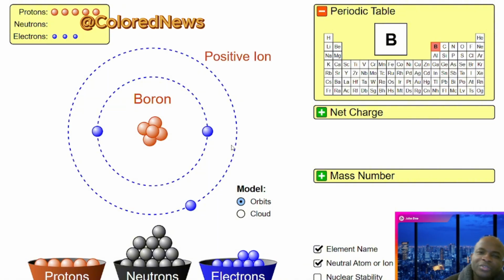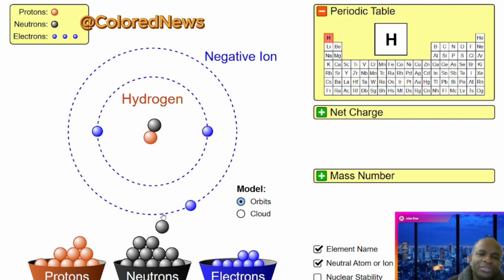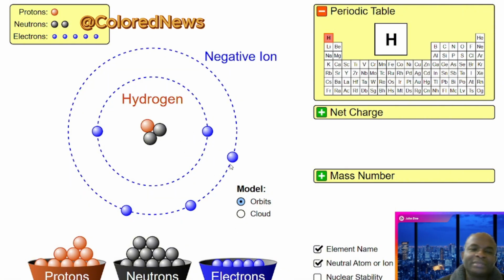So if you want to keep using an element like hydrogen, you must make sure that your proton is 1. You can joke around with your neutron, it still remains hydrogen. You can joke around with your electron, it still remains a negatively charged hydrogen ion.